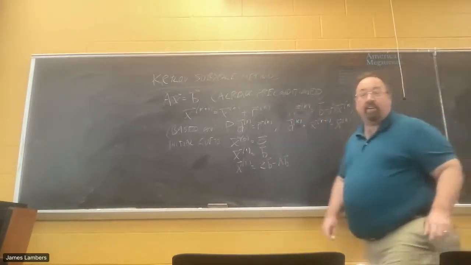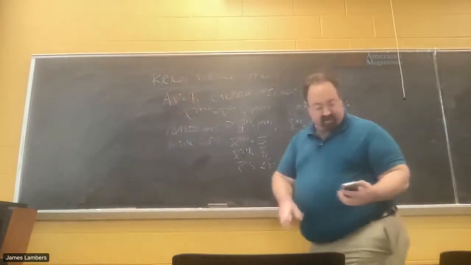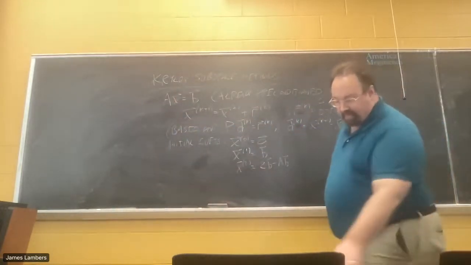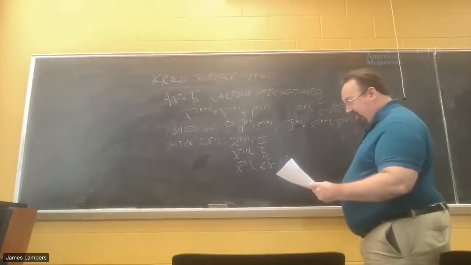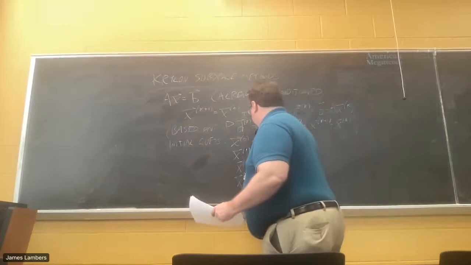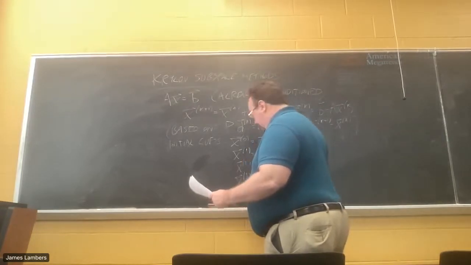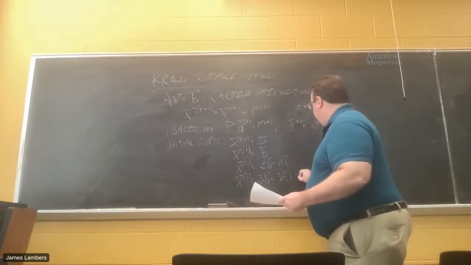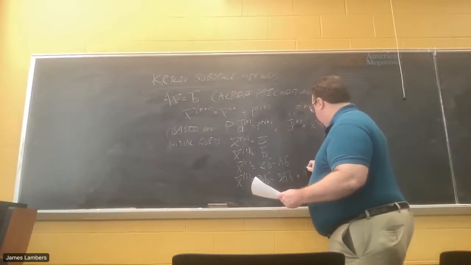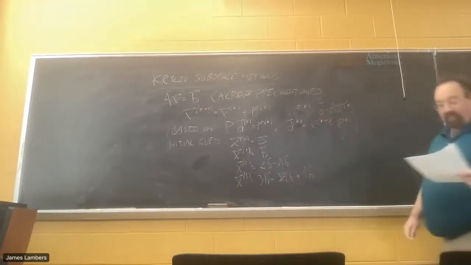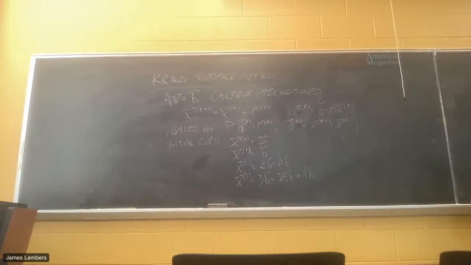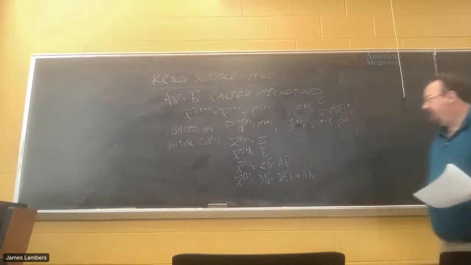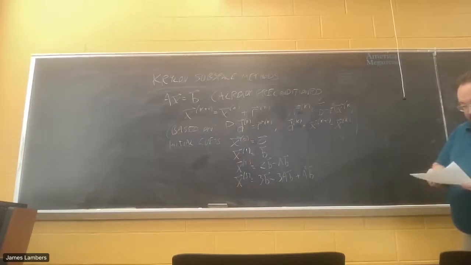And then if I continue the process, x3 is equal to 3b minus 3ab plus a squared b. So what we see is each new iterate is a polynomial of a times b, because I can factor a b out of each one of these.